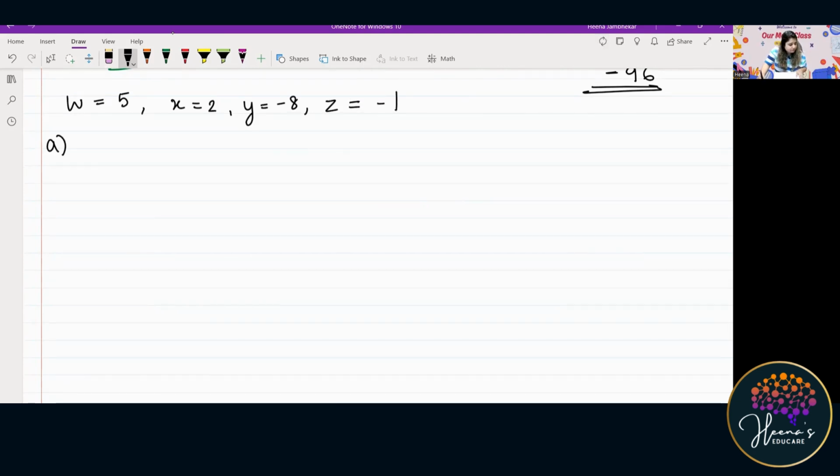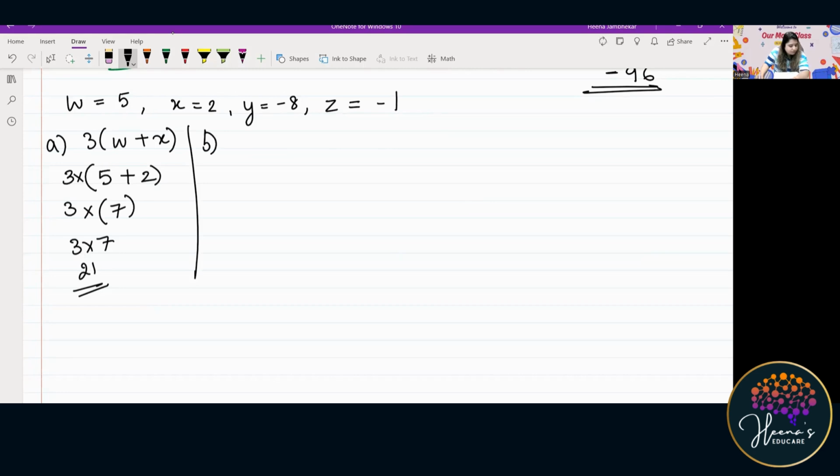The first one, 3 bracket W plus X. I'll keep the 3 as it is. In the bracket, I have to write W, which is 5, plus 2, right? So I have 3. There's no sign in between, so it is a multiplication sign. So 5 plus 2 gives you a 7. So it is 3 into 7, that gives you a 21.